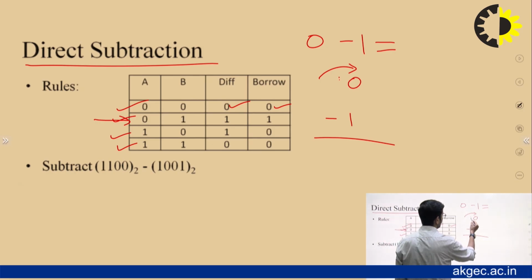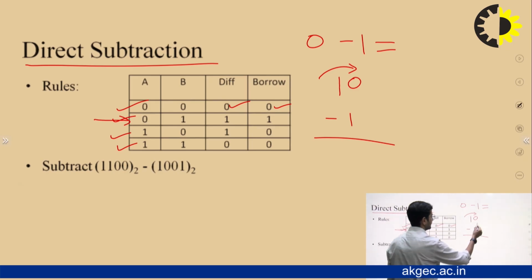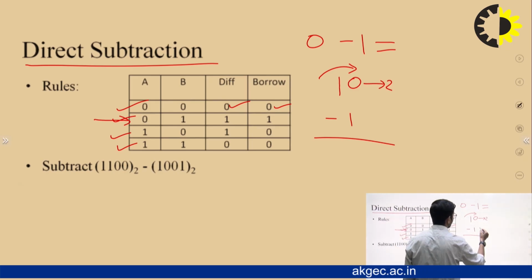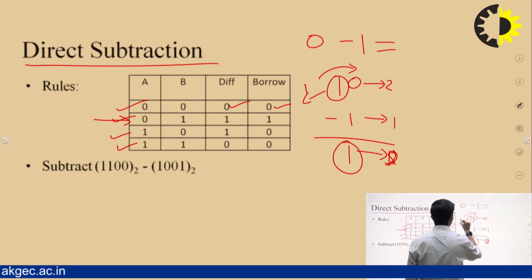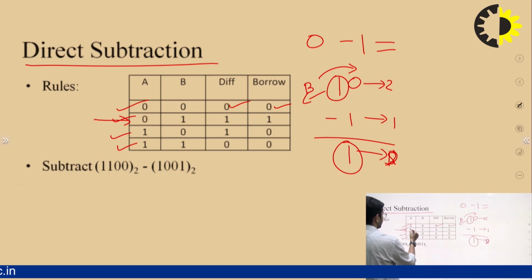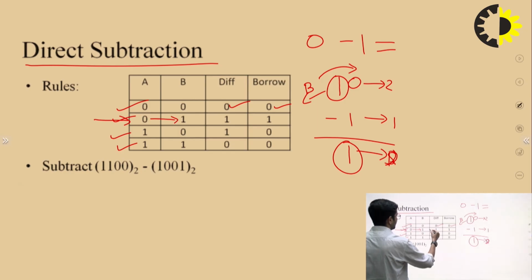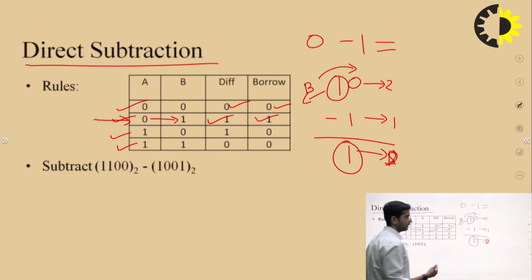If we borrow 1, this is equivalent to 2, and this is equivalent to 1. So 2 minus 1 is 1. That means difference is 1 and borrow is 1. So for the 0 minus 1 case, the difference is 1 and borrow is 1, because we have to take a borrow from the previous number.